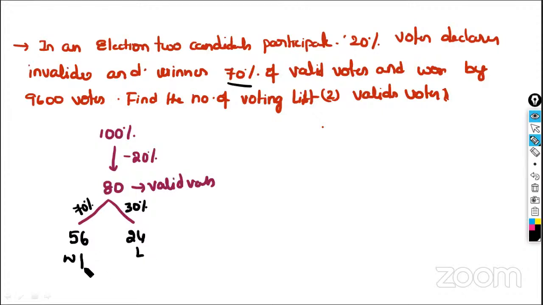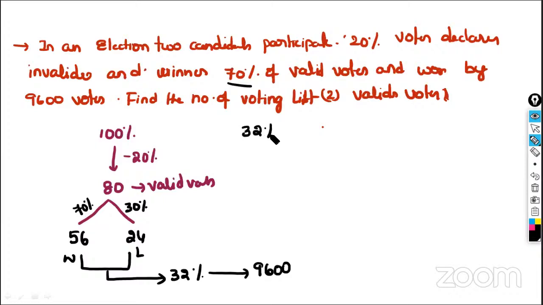So the difference between these two, 56 and 24, how much? 32%, right? These 32% is given as 9600 votes. Right. 32% of votes is 9600. Then what is the 100%?